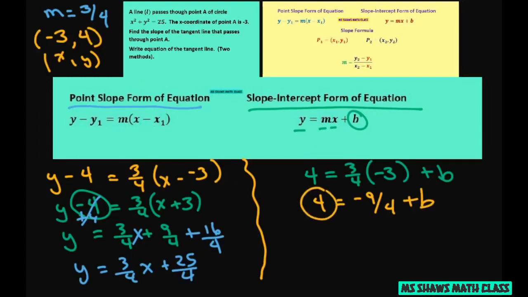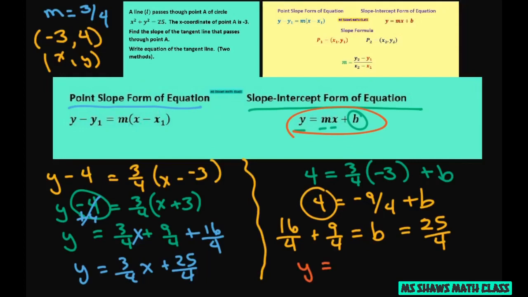I'm going to change this to 16/4 again. Add the 9/4 to both sides. That gives me my b, which equals 25/4. Now, plug it back into your equation to get y equals your slope, which is 3/4 x, plus 25/4 is your b. So they match, and they should match. So you can use whichever way you prefer.